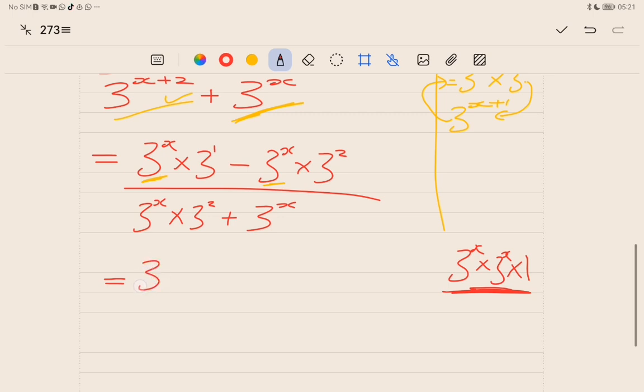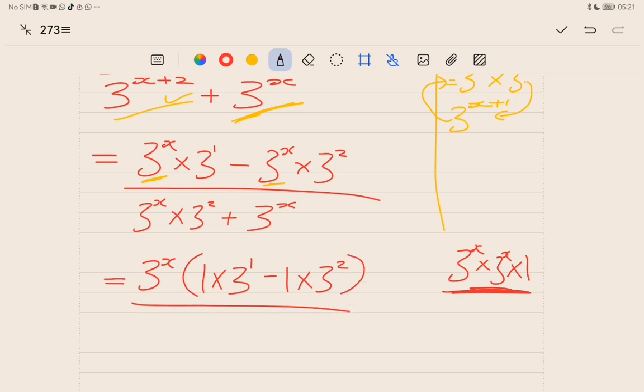So let's take out the common factor. When you take out the common factor, where there was the same common factor, we remain with 1. So it is going to be 1 times 3 to the power 1 minus 1 times 3 to the power 2. Then even in the denominator, you take out a common factor. Where there was the common factor, we remain with 1.